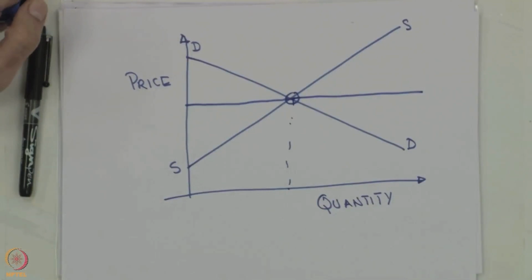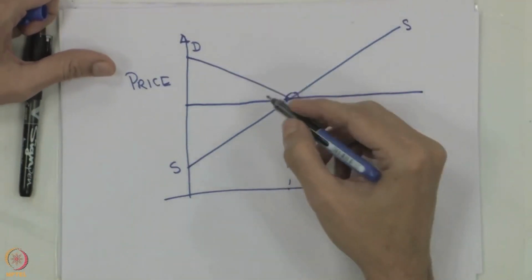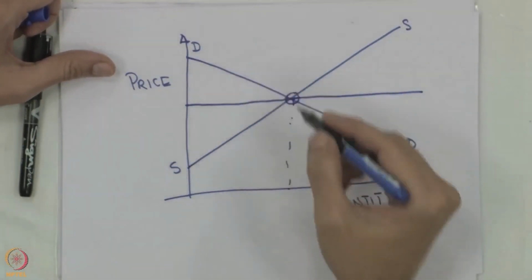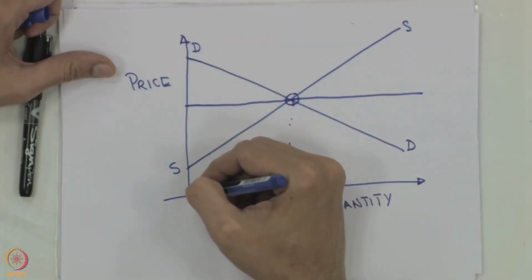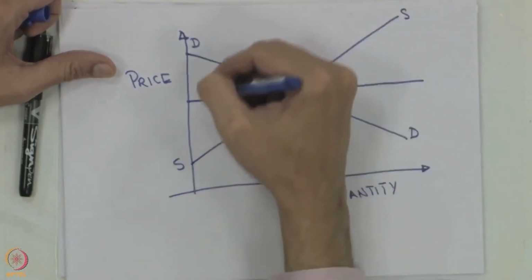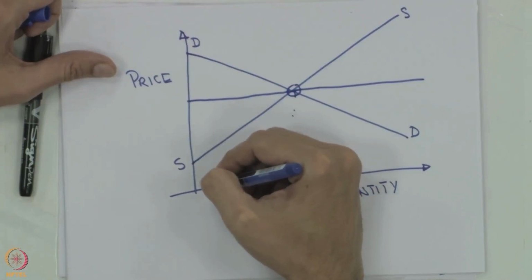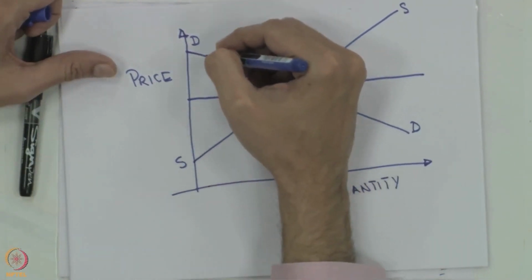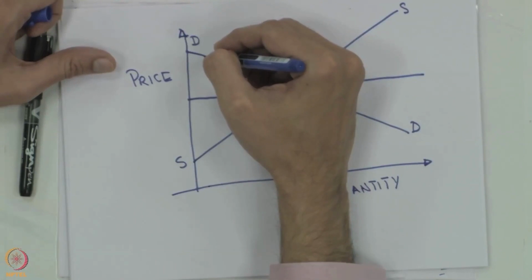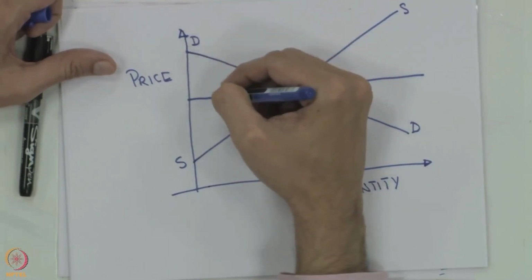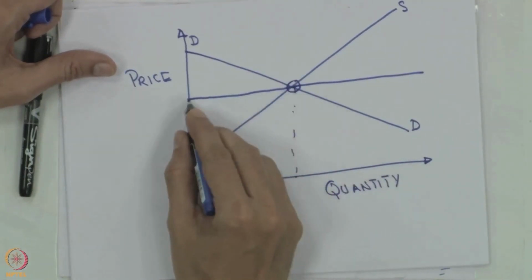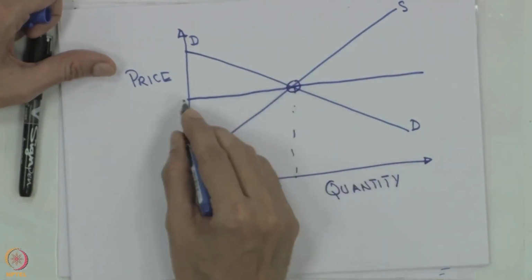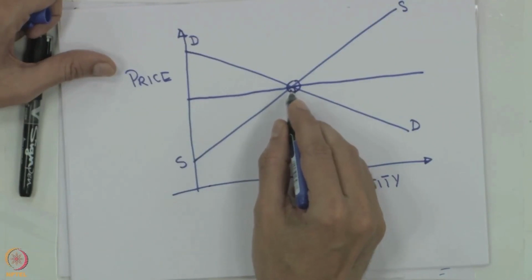Now, what happens in this is, as we look at any particular amount of quantity, if you look at this point, at this point people are willing to pay a higher price than the price here. Since the market is cleared at this price, the entire quantity is now available at that price.